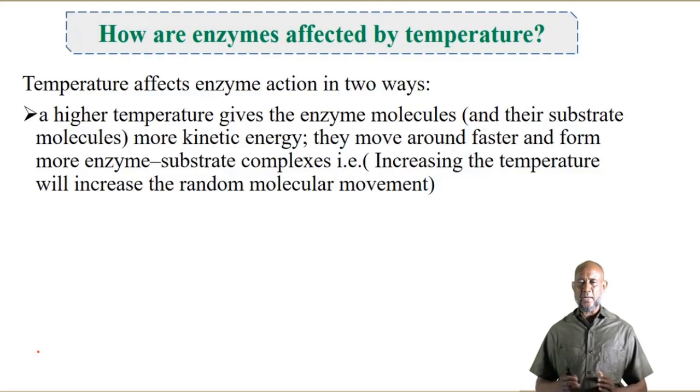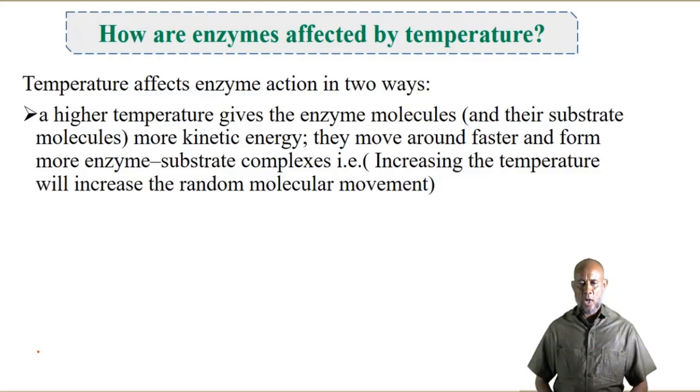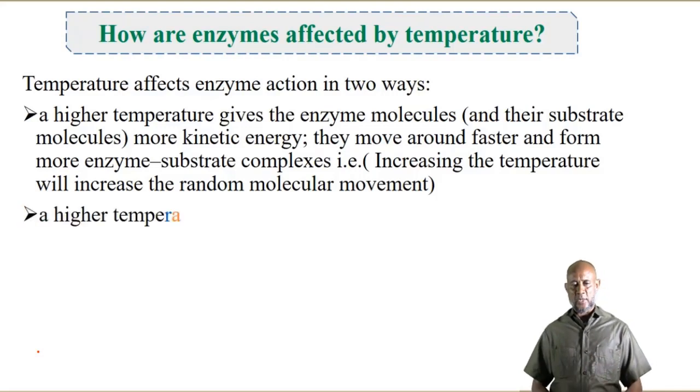That means increasing the temperature will increase the random molecular movement. This increased random molecular movement also provides an opportunity for the molecules to collide and change into another new substance that is called a product.